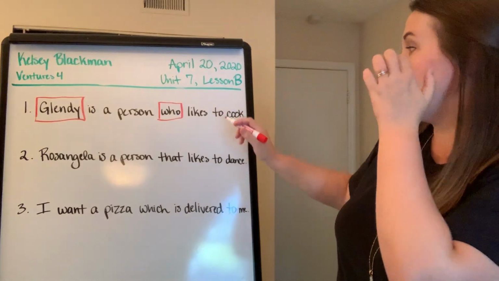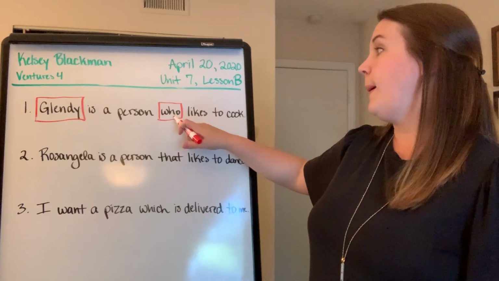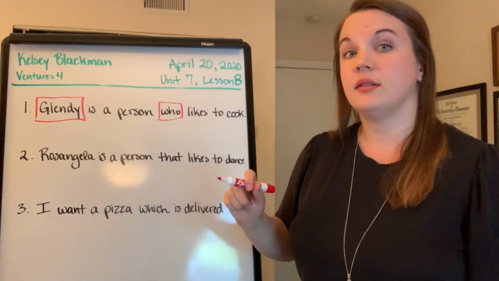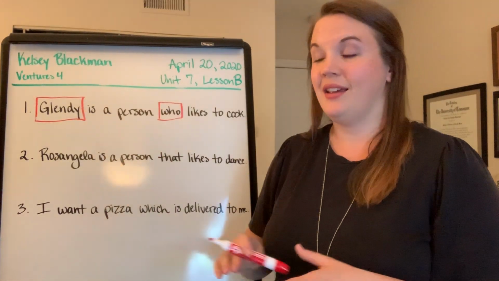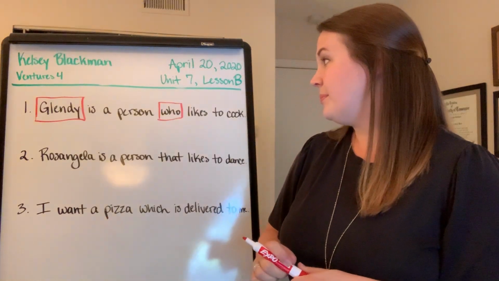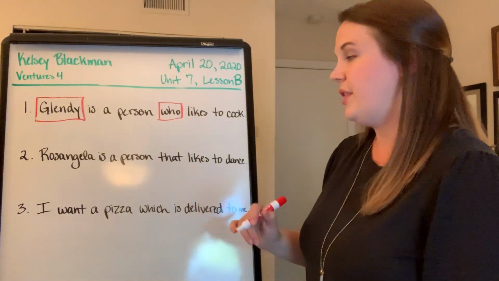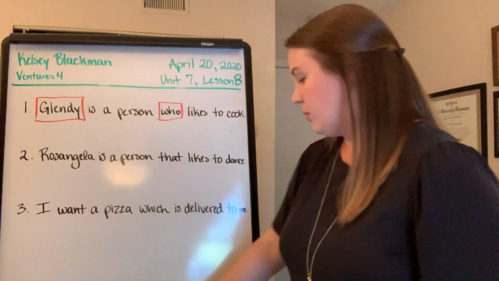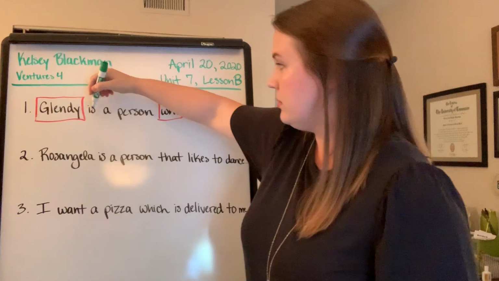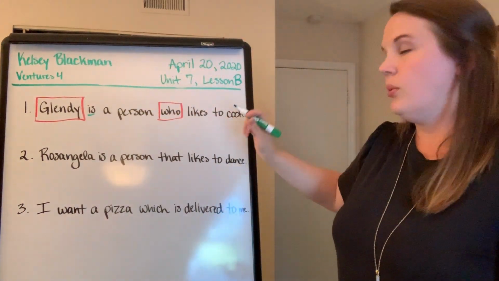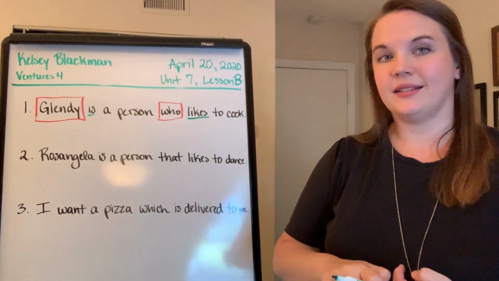Now, why did we use who? Because the subject of the first clause is a person. We will see in the other sentences that we use different ones for different things, if you remember. Okay, and what is the verb in the first clause? Is. What is the verb in the second clause? Likes. Okay?